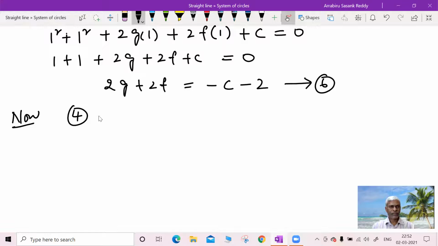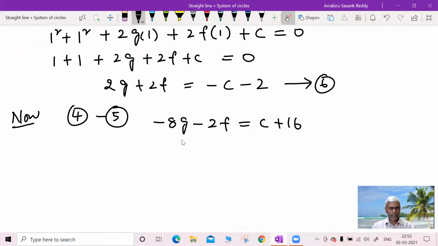Subtracting 5 minus 4: the fourth equation is minus 8g minus 2f is equal to c plus 16, the fifth equation is minus 4g minus 4f is equal to c minus 1.